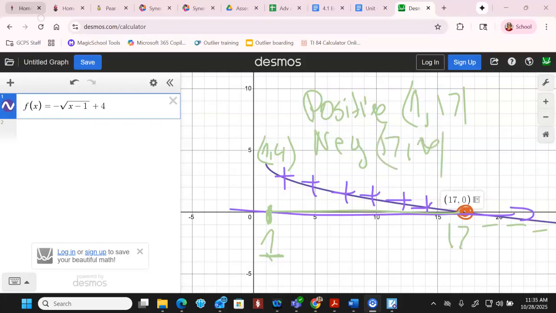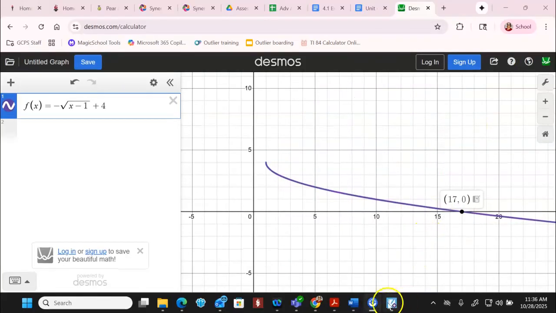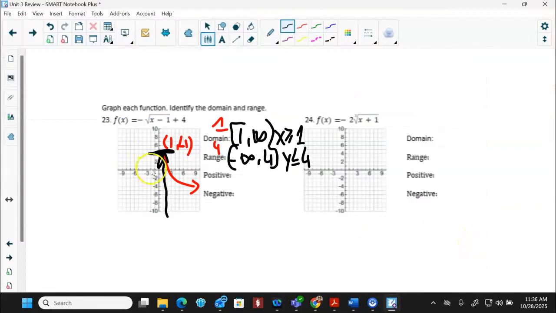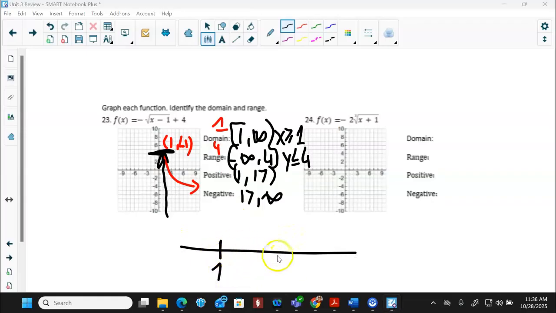Okay? So, again, from 1 to 17, they were positive, and from 17 to infinity. So it was like this. 1 to 17, they were all here. After it had 17, it was all here to infinity. Okay?